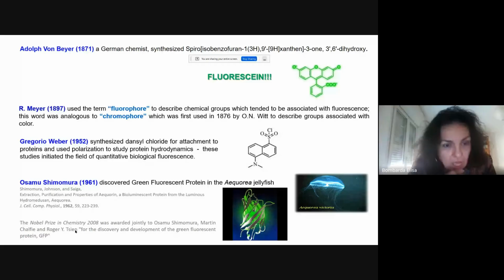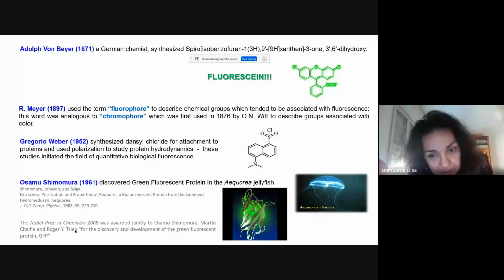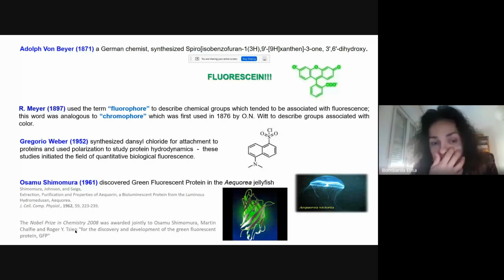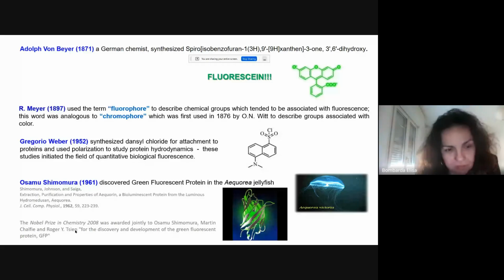And then we arrive at Shimomura, who discovered the green fluorescent protein. He was also awarded the Nobel Prize in 2008, together with Chalfie and Tsien, for exactly this discovery. I stop here because of course afterwards it's our work that is involved. Those are the milestones of fluorescence spectroscopy.